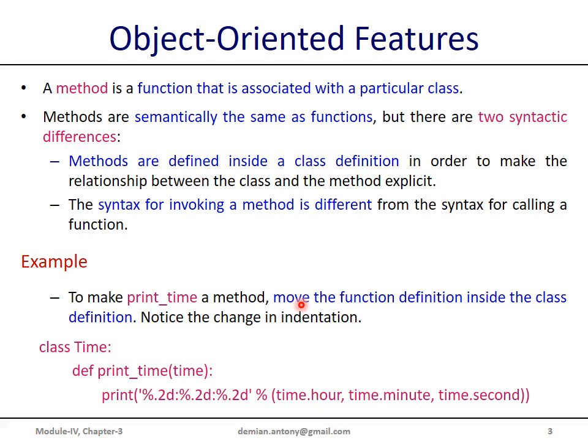Now in order to make that a member, we have to define that function inside the class. The class definition goes like this: class time, then we write a function. Now it becomes a member function or a method, because it is a part of a class, having one line as the body of this method. Just note the indentation. We have an indentation for the function as well as the function body.